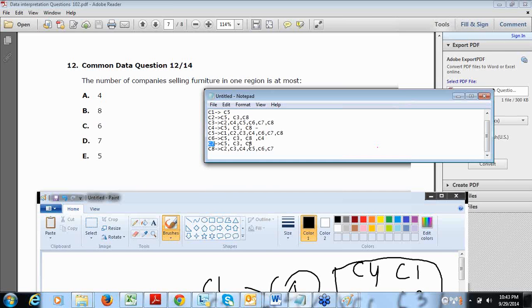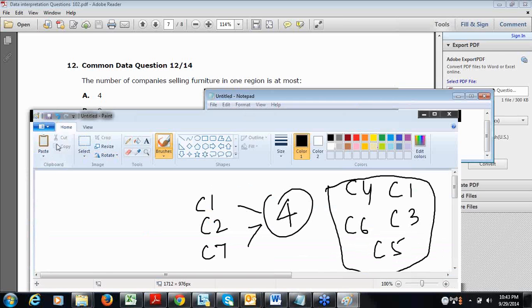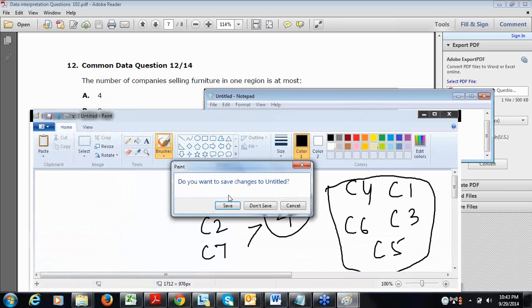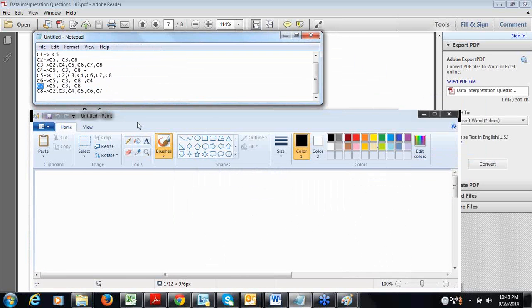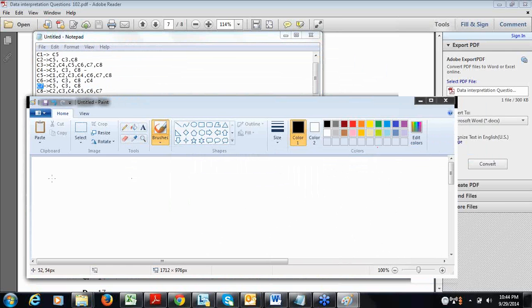So you can have only four companies. Let me do it from the basics so that you would be able to understand this much better. We have given all these.